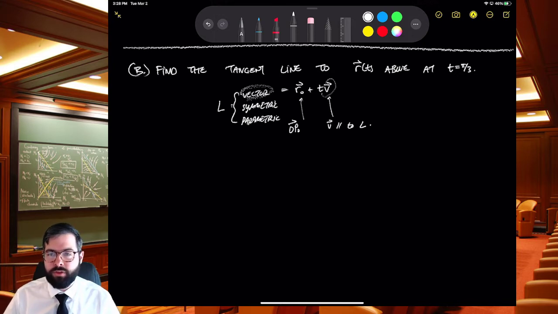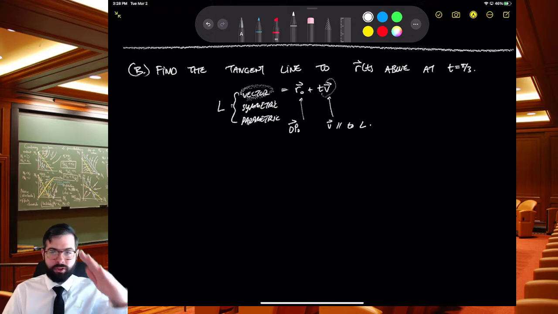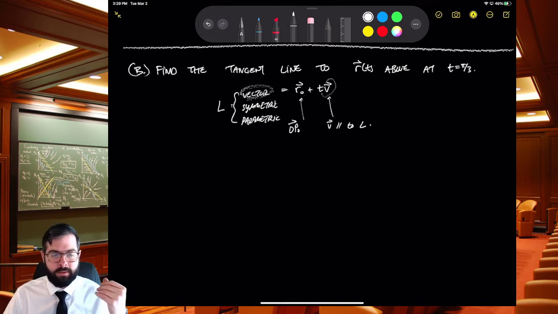We could even just use the tangent vector itself. We don't need to necessarily use the unit tangent vector. The reason is t is going to scale that vector anyway, unless we're given some restriction. We're just really looking for that direction. So you could use either, is what I'm saying. It's not necessary.